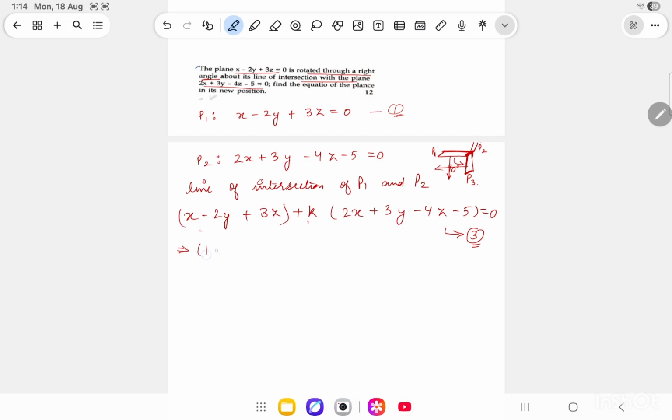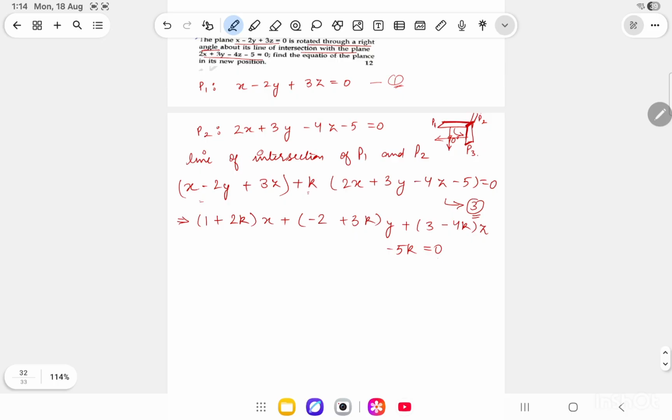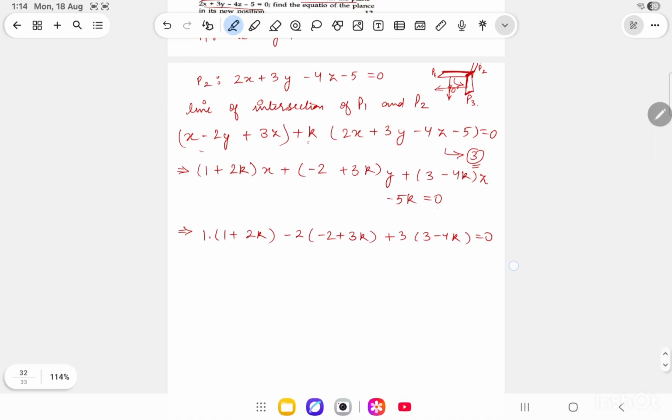Equation 3 will give (1 plus 2k) into x plus (minus 2 plus 3k) into y plus (3 minus 4k) into z minus 5k equals 0. So this must be perpendicular to P1, so their normals are also perpendicular. Using that I'll get 1 into (1 plus 2k) minus 2 into (minus 2 plus 3k) plus 3 into (3 minus 4k) equals 0.